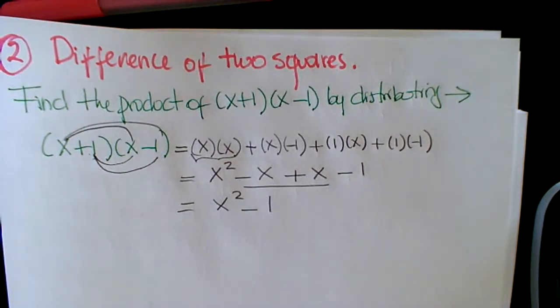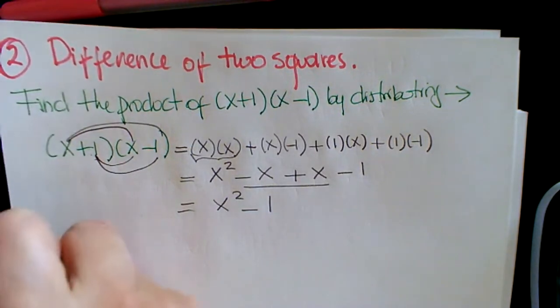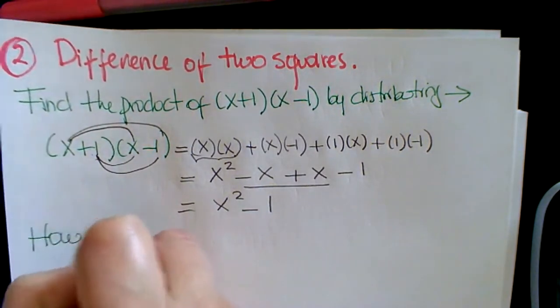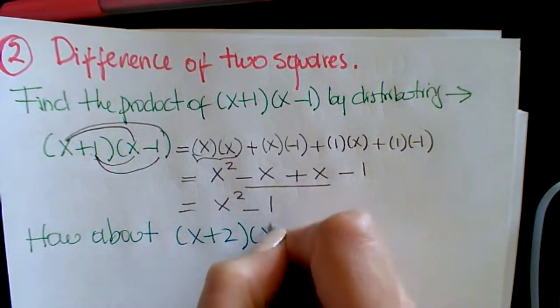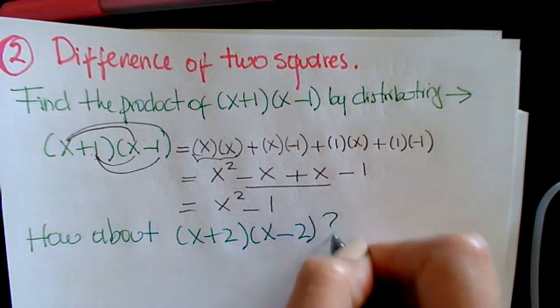Now, how about x plus 2 times x minus 2?